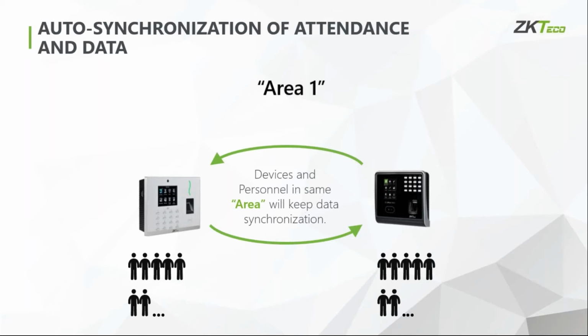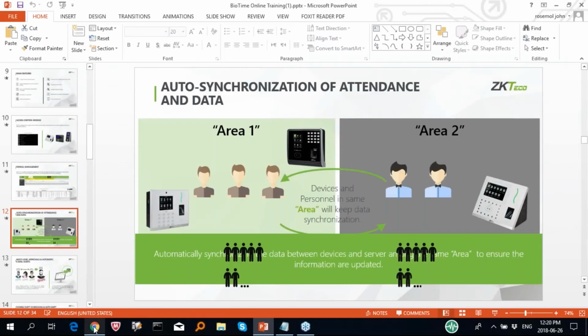If you have 100 employees on device A, they must be on the second device also; the software will automatically make them equal, 100 each. Even whenever you update in the future, if the software is connected to the machine and it is online, it will be updated automatically. Let me show you in the software how it is handled.